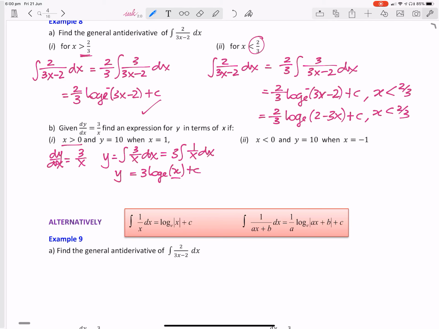X is greater than 0, so we know we can use just this x value here. And when y equals 10, when x equals 1. So 10 is equal to 3 log e of 1 plus c. Log e of 1 we know is 0, so we get c is equal to 10. So y is equal to 3 log e x plus 10. X is greater than 0.